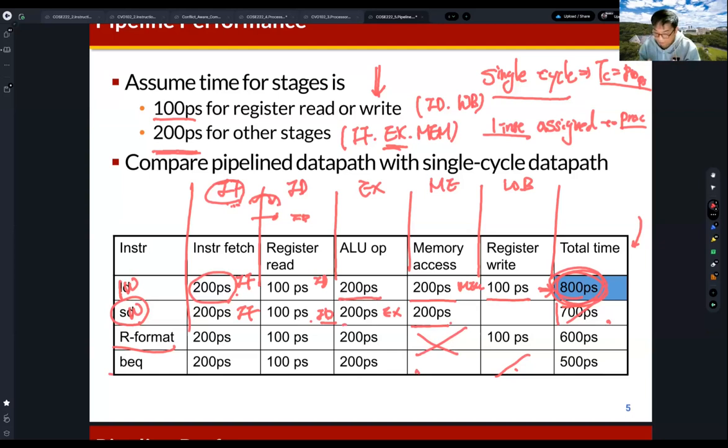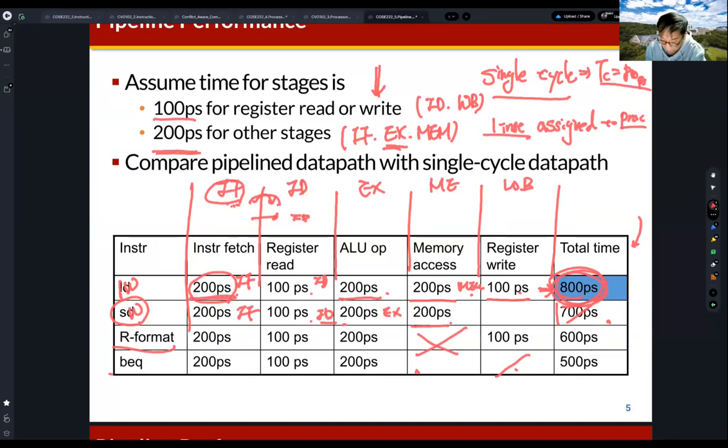So the stage that exhibits the longest delay decides the clock period. What is the longest delay of this pipelining stage?